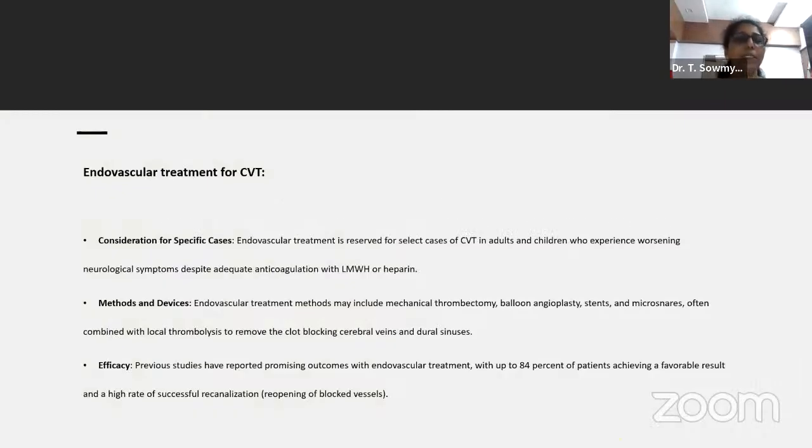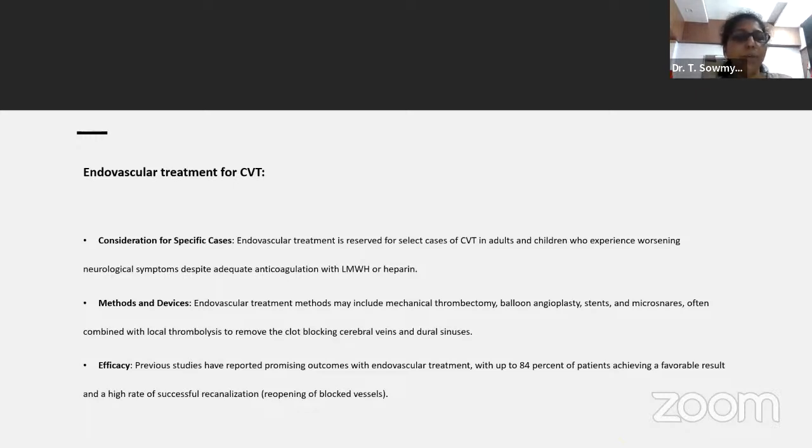And coming to the next treatment, it is endovascular treatment of CVT. It is considered only for some specific cases where neurological symptoms worsen despite adequate anticoagulation with low molecular weight or unfractionated heparin.